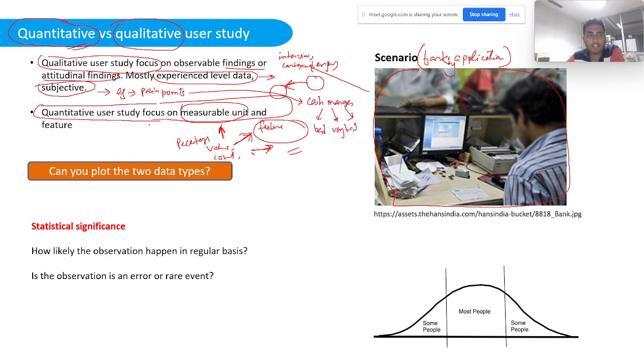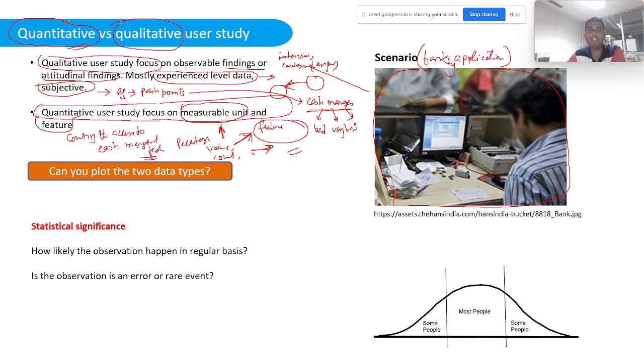Similarly, the quantitative information that you can generate from this scenario can be the number of times this person accesses the cash management feature. Here you are counting the access to the cash management feature.